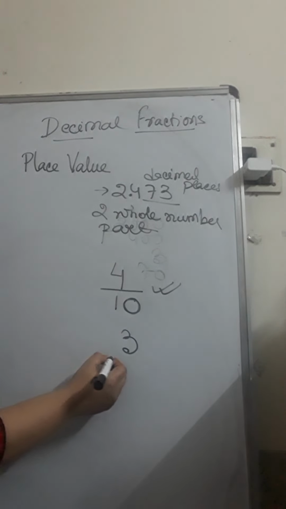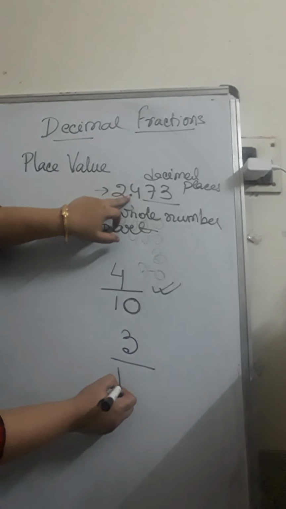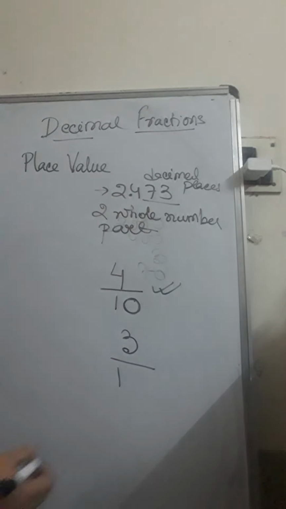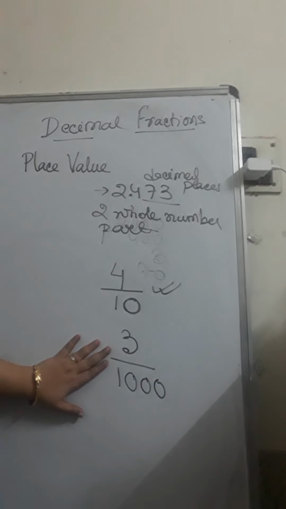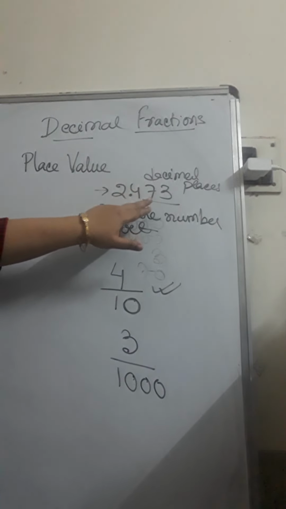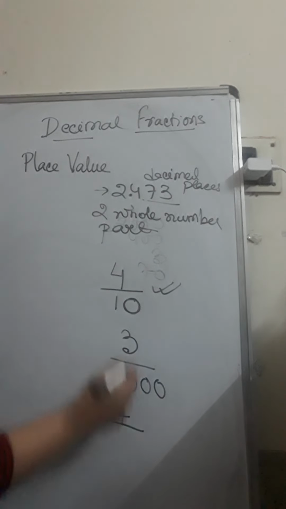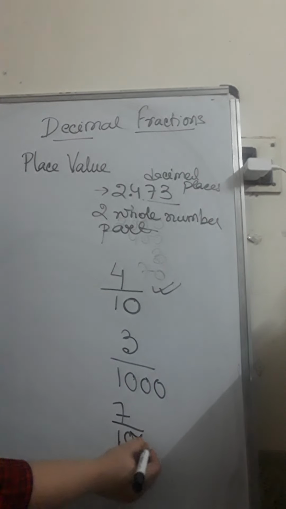So 3 by, how will you write the denominator? For the point you write 1. You are moving 3 places up to this digit, so there will be 3 zeros. So 3 by 1000. What will be the place value of 7 here? 7 divided by, from the point you are moving 2 digits, so 100.